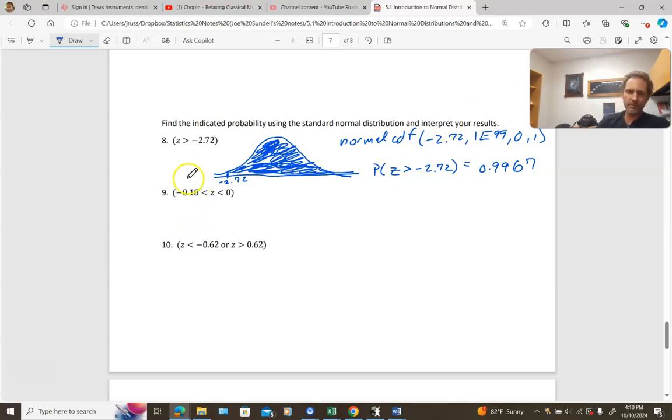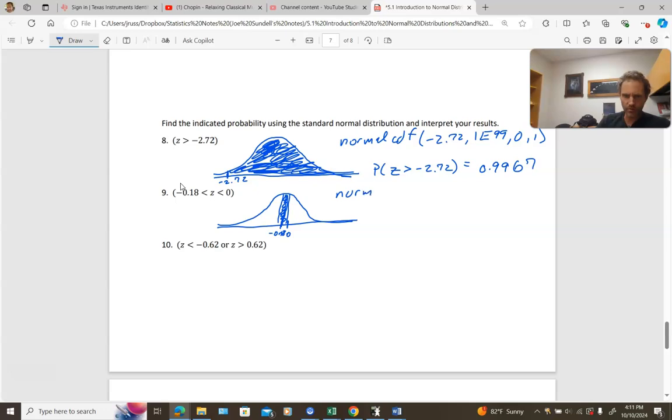All right, and then very similarly for problem 9, I'll draw you another little curve here for this one. So for this one, 0 is right in the middle, and then negative 0.18 is just to the left of it. Okay, so really we're trying to find how much area is in this little slice right here. So you're going to do this one the same way.